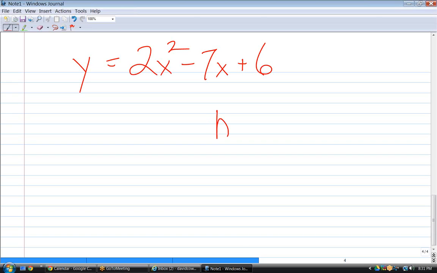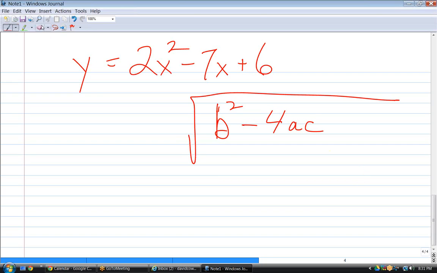It starts out b squared. What's the rest of it? Minus 4ac. Yes, that is the discriminant, the part that's under the radical. That's called the discriminant. So what is it for this equation?